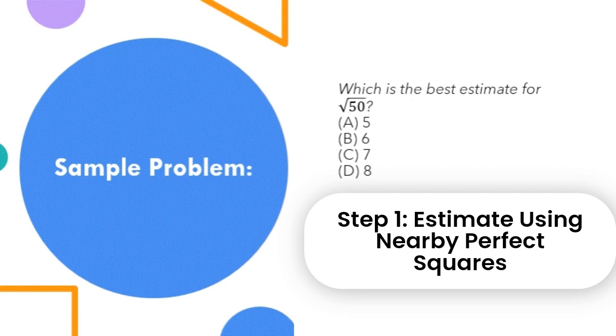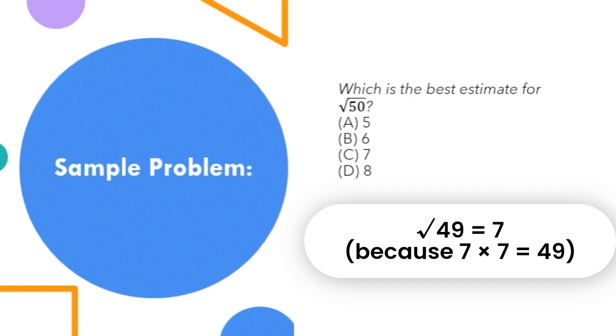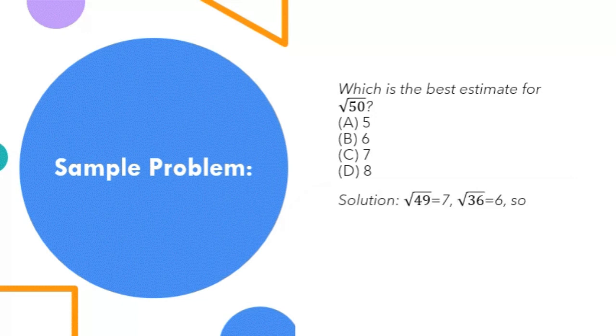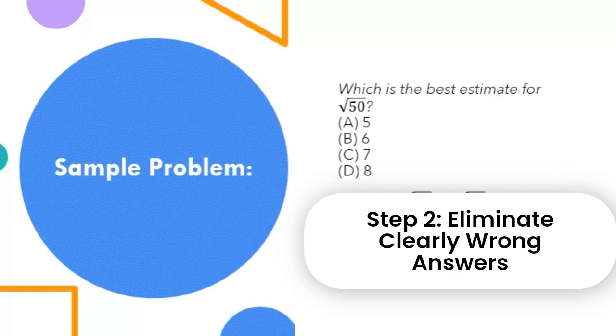We know that square root 49 equals 7, because 7 times 7 is equal to 49. Square root 36 equals 6, because 6 times 6 is equal to 36. Now, square root 50 is slightly larger than 49, so its square root will be just a little more than 7.